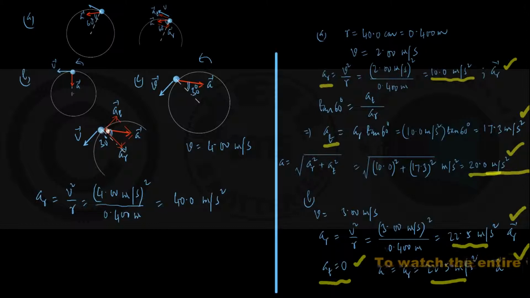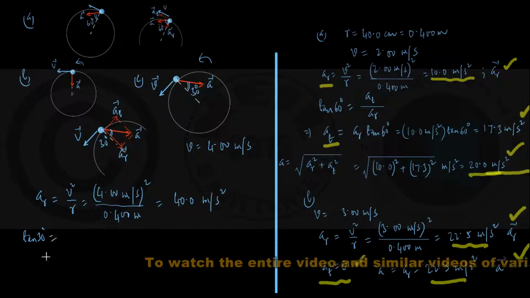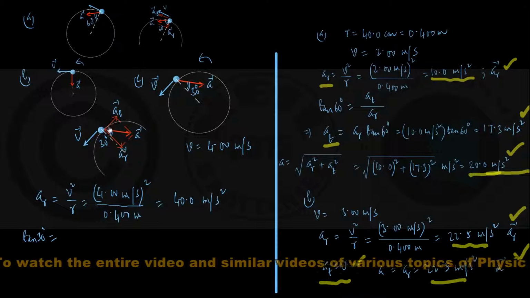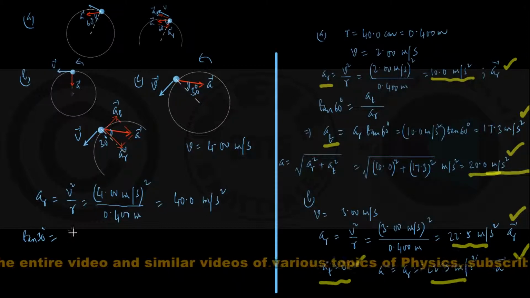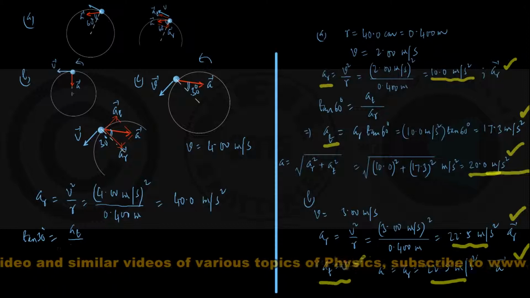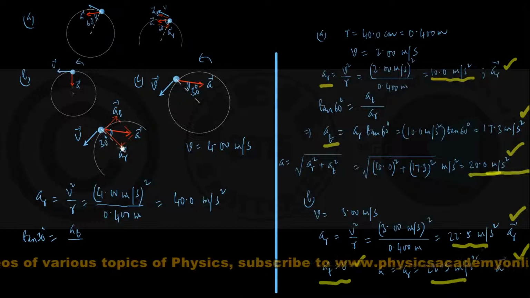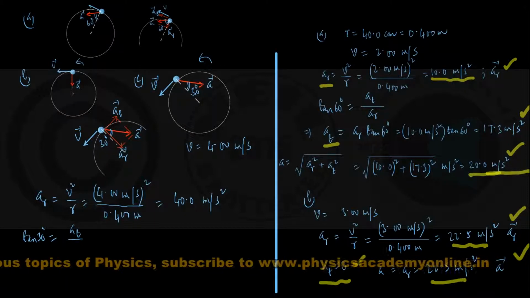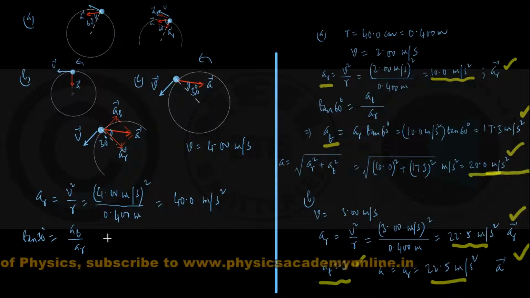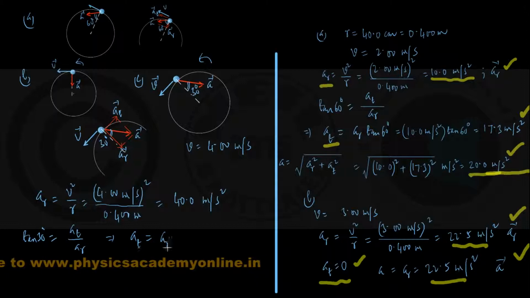So, referring to this right angle triangle, we can write that tan 30 degrees is equal to perpendicular by base. The perpendicular is this much, that is the magnitude of a_T. So tan 30 is equal to a_T by the length of the base, and the length of the base is equal to the magnitude of the radial acceleration, that is a_R. So it follows that the tangential acceleration a_T has a magnitude of a_R times tan 30 degrees.